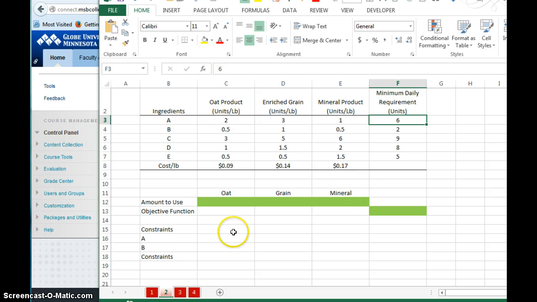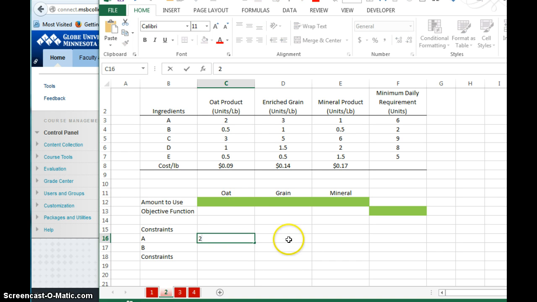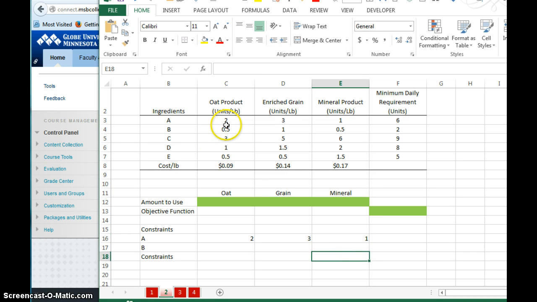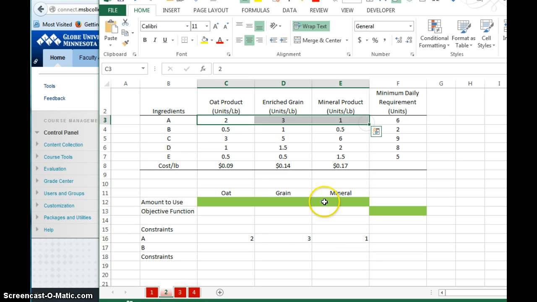The minimum daily requirement of A is 6 units. So just like in previous problems, you're going to put in here, for oats, it's 2 units per pound of A. For grain, there's 3 units per pound of ingredient A. For minerals, there's 1 unit per pound of A. You see, I'm getting this information from up here.